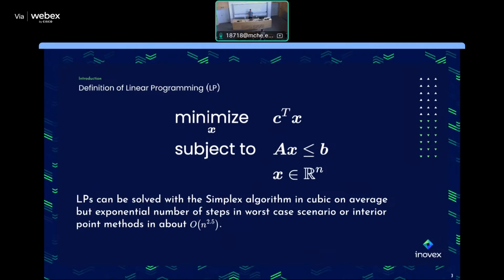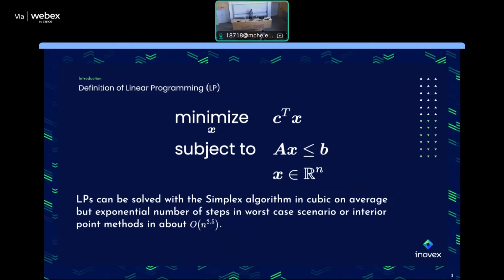The standard formulation of a linear optimization problem is that we have a cost functional, c times x, and we want to minimize it, and we have a certain set of constraints given by parameters: some matrix A times x is smaller or equal than b, and we want to find a vector x from the real numbers which minimizes this.